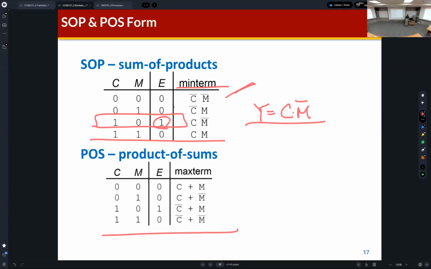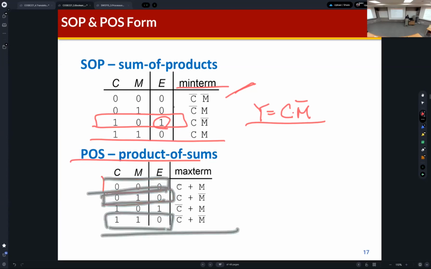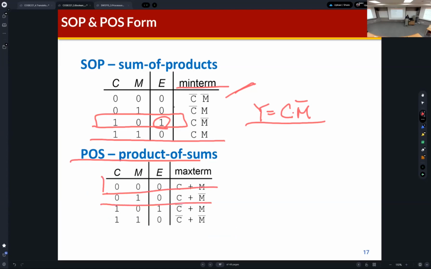Then how can you make a POS form of this truth table? We can observe 3 rows that make output 0. Then we can figure out the max terms for each row. These are the rows that make y zero.